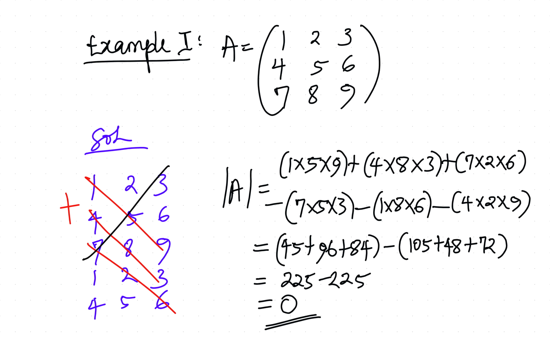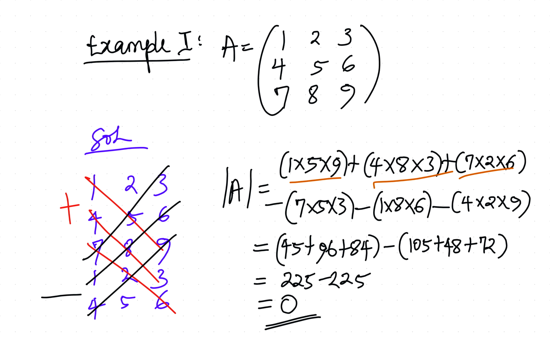That's why you have 1 times 5 times 9, 4 times 8 times 3, 7 times 2 times 6. Then for the negatives, you have 7 times 5 times 3, minus 1 times 8 times 6, minus 4 times 2 times 9. So with that settled, you just need to tidy things up.